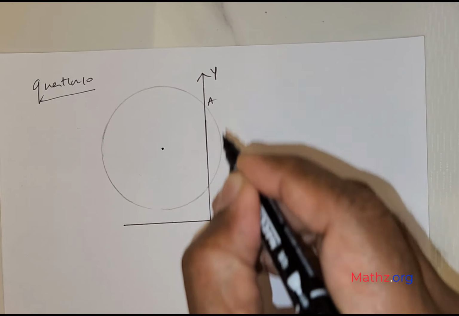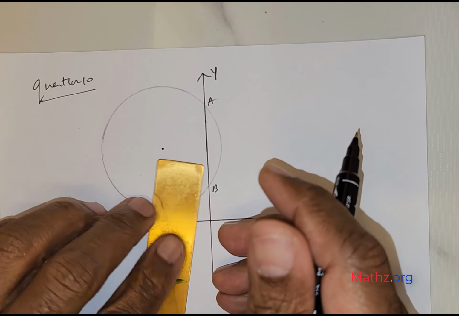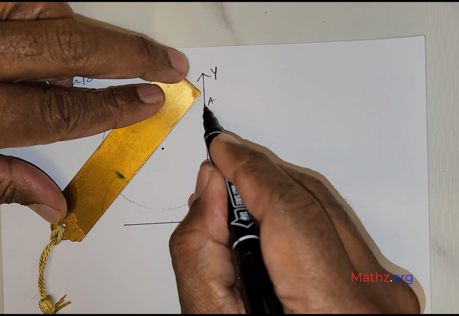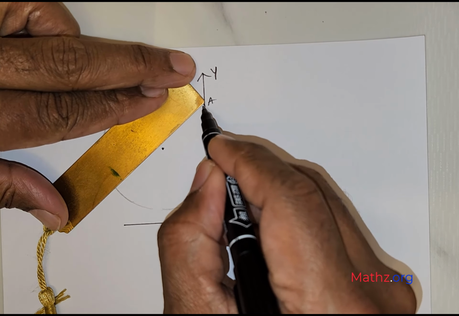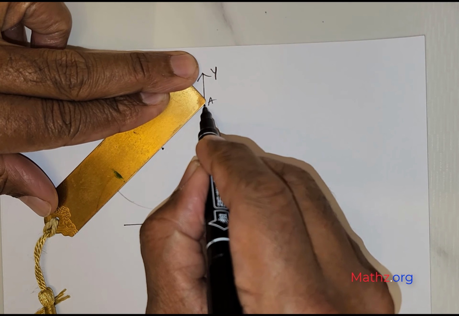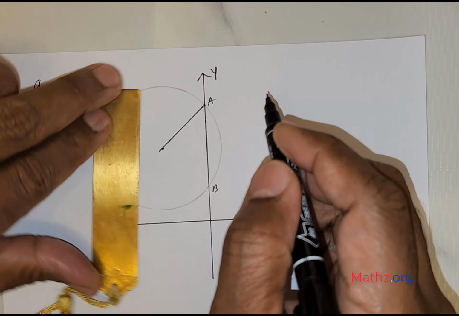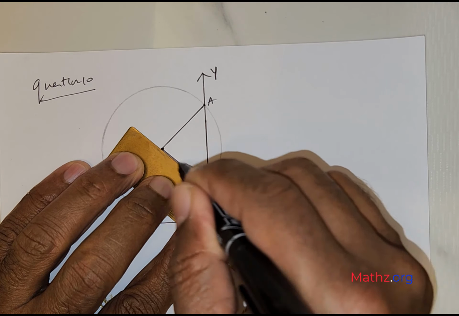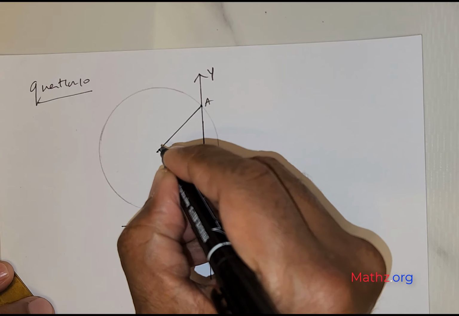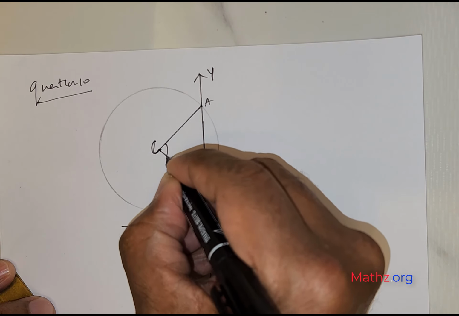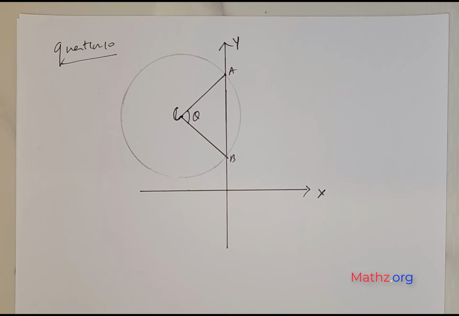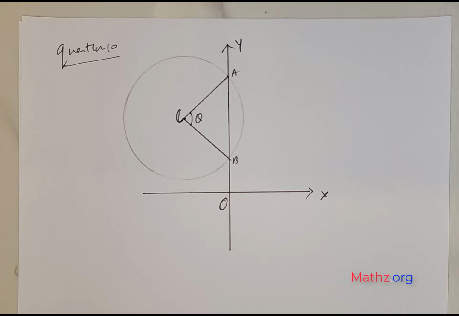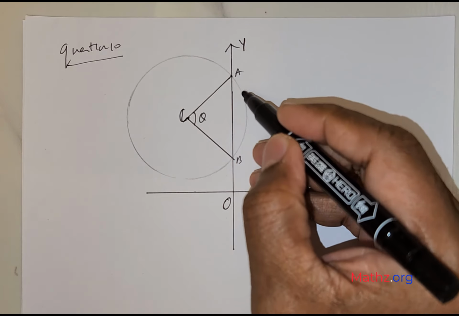This point is A, this point is B. We draw lines from the center to the point A and from the center to the point B. Now this is C and you have theta. So this is the center, or I would say the origin, and this region is shaded.